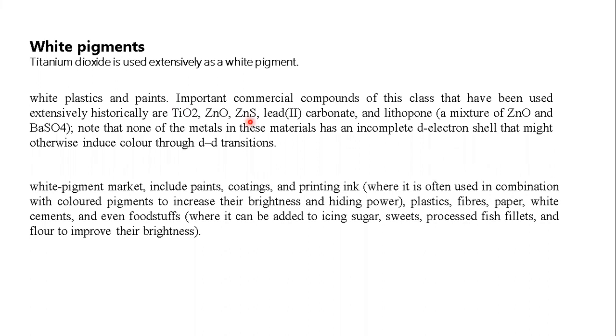Zinc has a d10 configuration, so all are filled up. There also, there is no possibility of d-d transition. For zinc it is fully filled; for titanium the d orbital is not filled at all. That's why generally zinc oxide, titanium oxide, zinc sulfide, and lead carbonate show white color. Lead is not a transition metal at all.